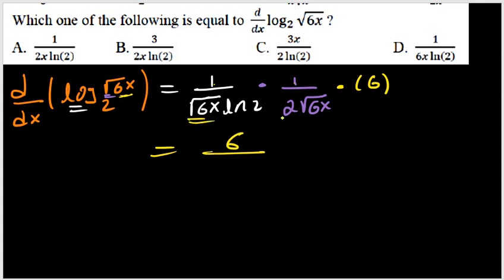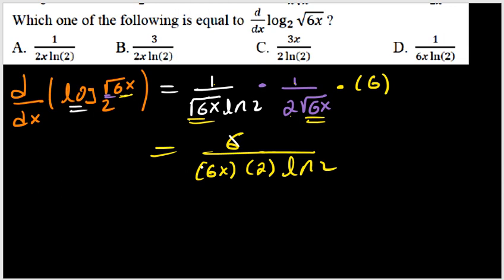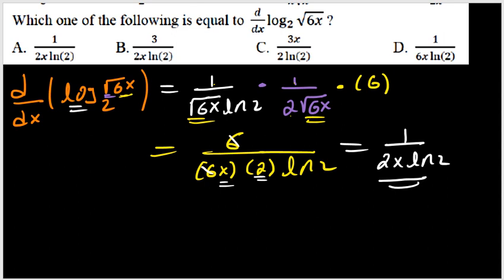Lower, radical 6x times radical 6x will be 6x, and there is times 2, then ln 2. When you simplify here, you can cut 6 with 6, and then finally the answer will be 1 over 2x ln 2. So the answer will be A, not D, it's A.